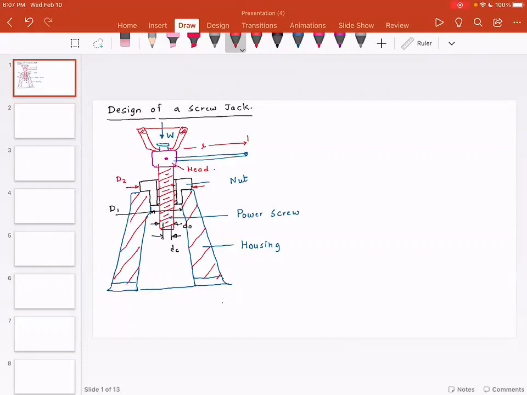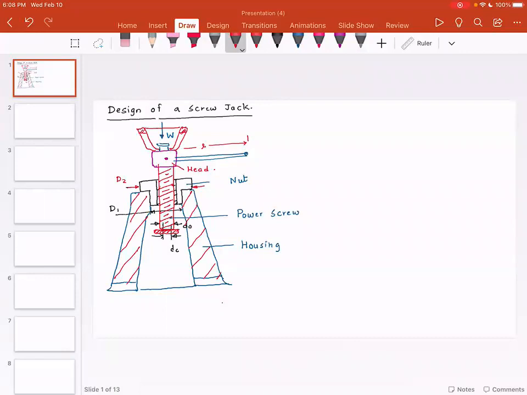Now typically at the end of the nut there is some sort of limiter, and the reason for this limiter is you don't want the screw to go out of the nut. If you raise the screw, the maximum lifting height will be constrained by this particular protrusion.